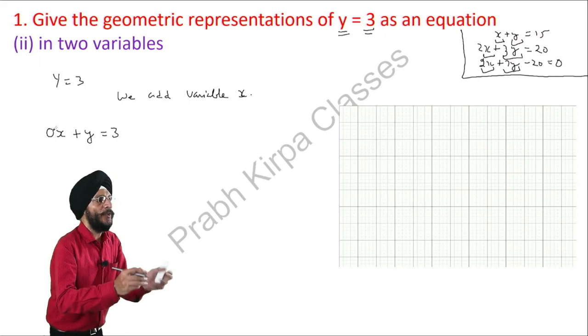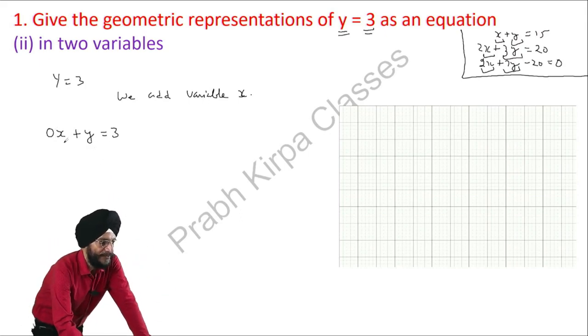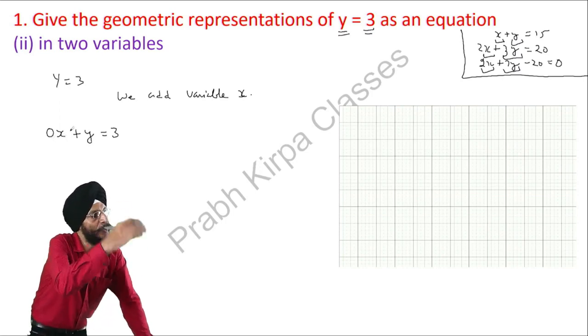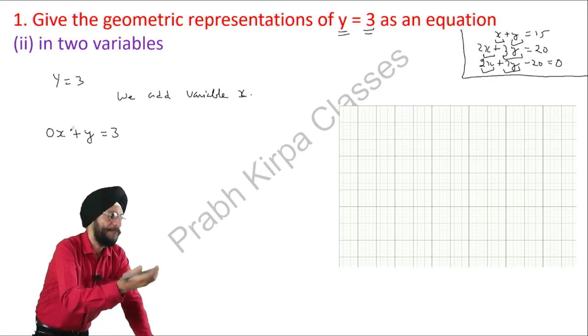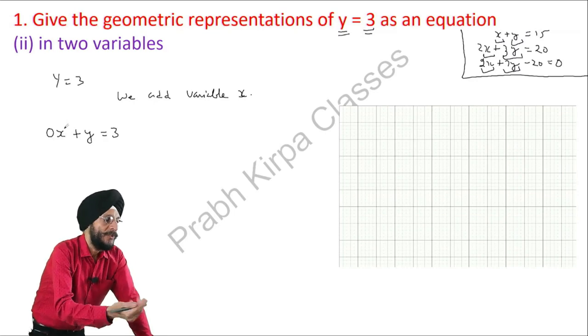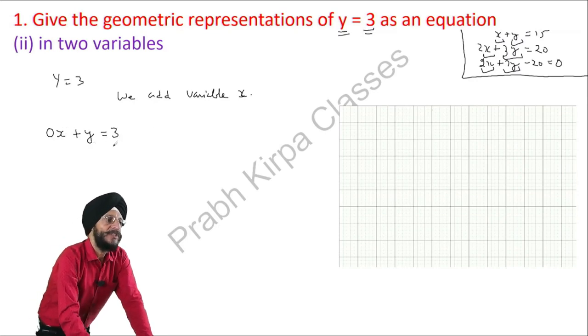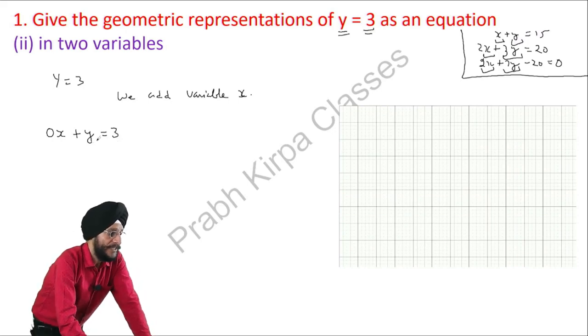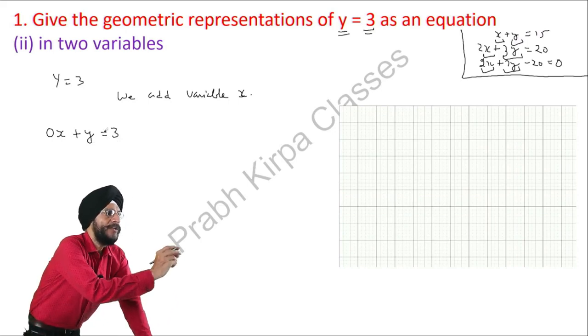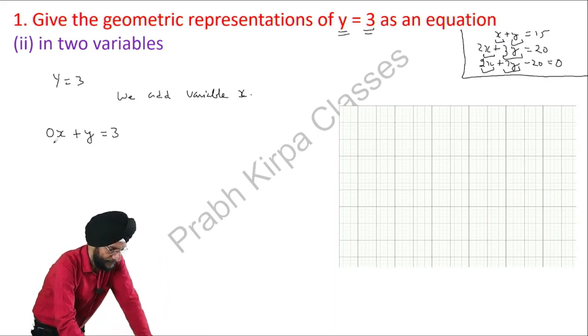If we write 0x, it means that even if the value of x is 1, suppose the value of x is 1, when it is multiplied with 0, it becomes 0. If the value of x is something else, say 7, when multiplied with 0 it becomes 0. So ultimately y will remain as equal to 3. That is, there is no problem if we write it as 0x.